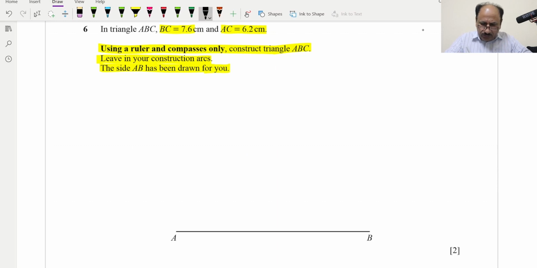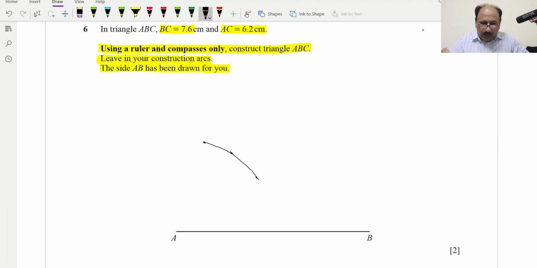So a 6.2 mark, 1 point I have taken over here, and similarly I'll take another. 6.2 is over here, and one more 6.2 mark I take over here, and on this side also one more mark I will be taking, so that I can draw an arc. So this is the arc which you will be making with the help of a compass.